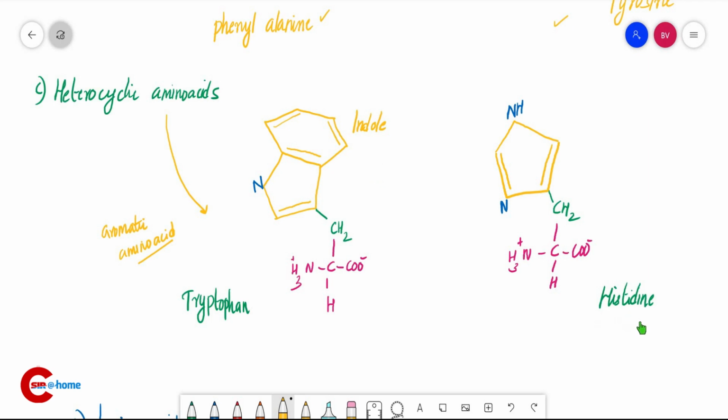And this is the structure of histidine. Here you can see 2 nitrogens in the ring, the imidazole group. That is heterocyclic. This is also very important. Histidine contains imidazole group. Tryptophan and histidine both are examples of heterocyclic amino acids.